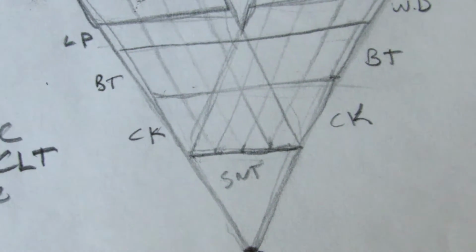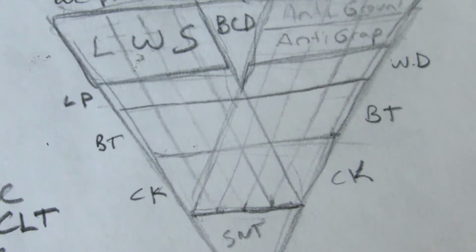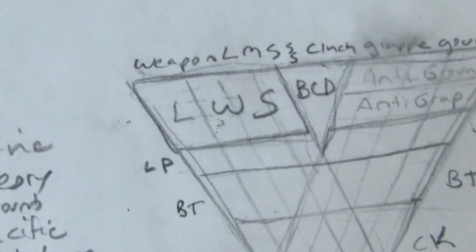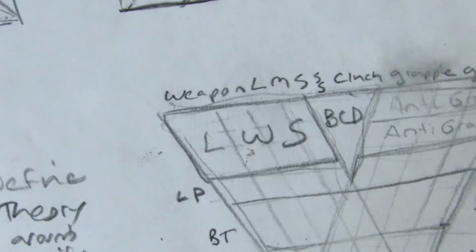And then we've got our Chum Kiu layer, and it comes up into this Bil Jee layer, and then it comes up into over here. It says LP for long pole, and then it moves into this Latosa weapon system.